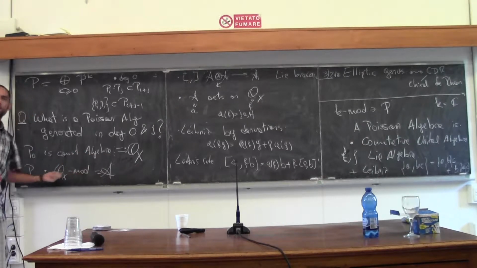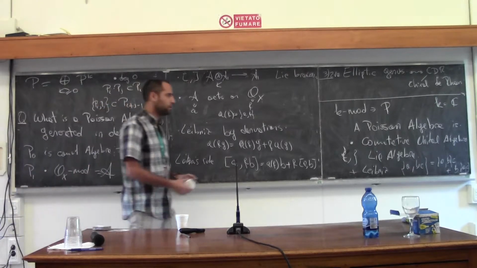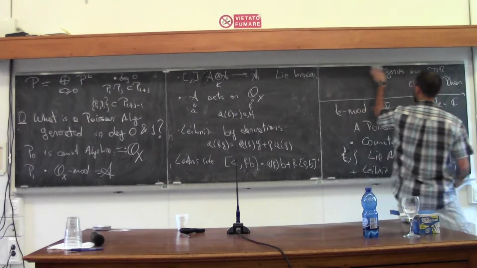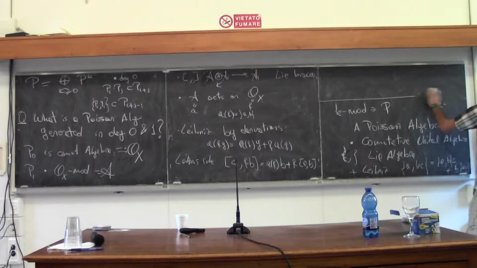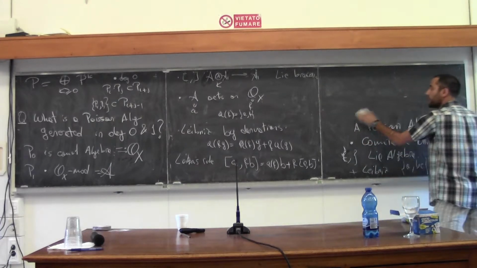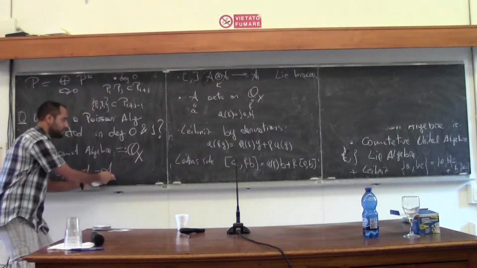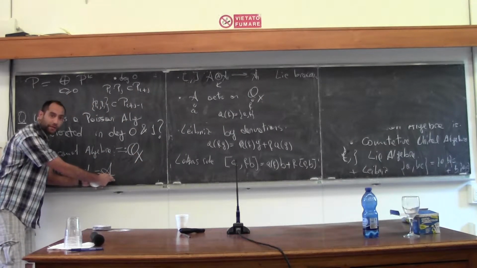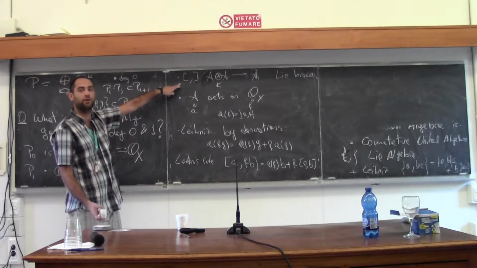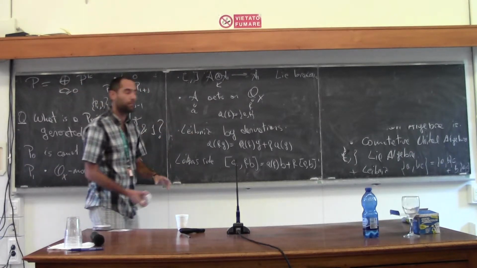And then you may want A to be locally free of finite rank. I don't care about those things. But this is the notion of a Lie algebroid. You can think of this as functions on a space, and this as sections of a vector bundle, with a Lie algebra structure and an action on functions.